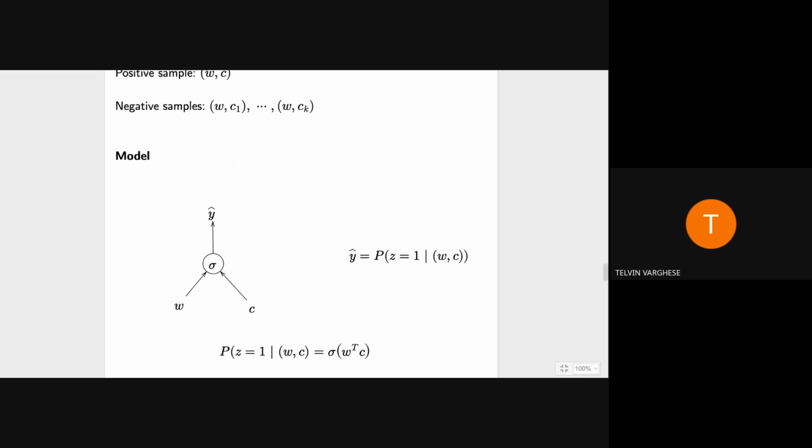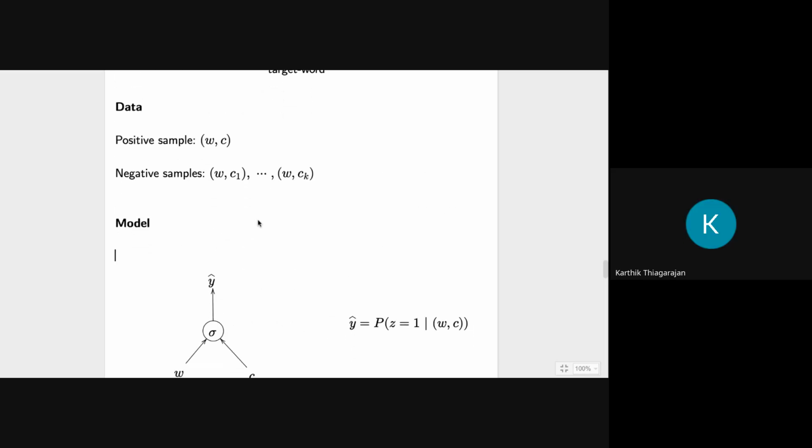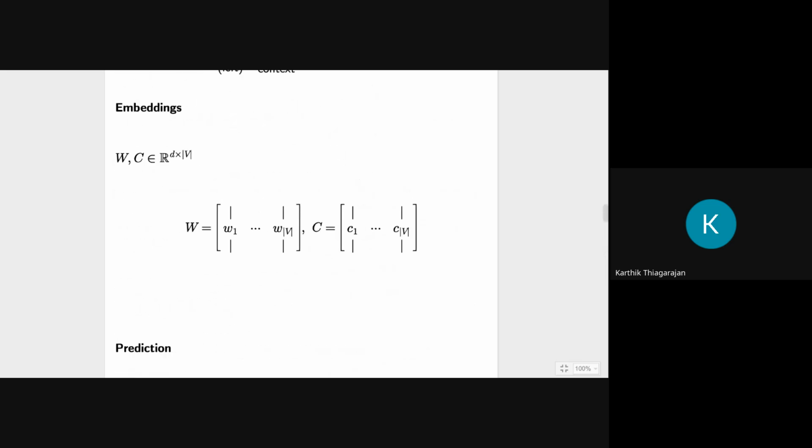No. See, this is the setup for both CBOW and Skip-gram. You have two matrices: one is the target word matrix, another one is the context matrix. So there are 2 times the vocabulary size into the dimension of each vector. If the vectors are 200 and the vocabulary size is 10,000, then these many parameters you will have, for both the cases.